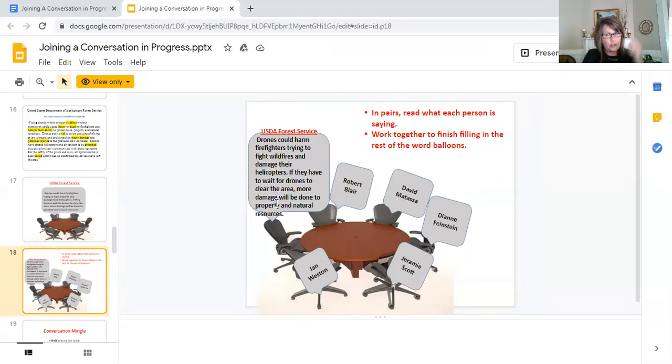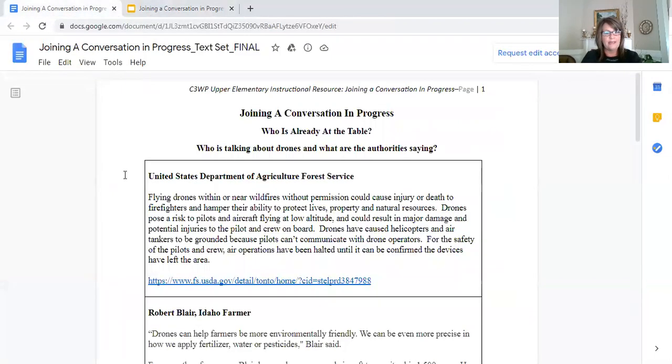Now, as a teacher, you might be thinking, and this is what I'm thinking, I might need to model at least one more. I may want to model, let me find my text set.